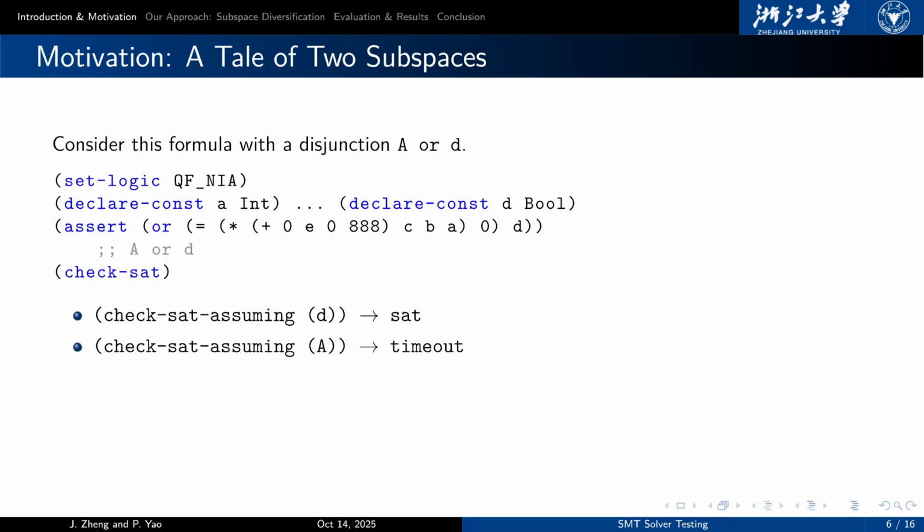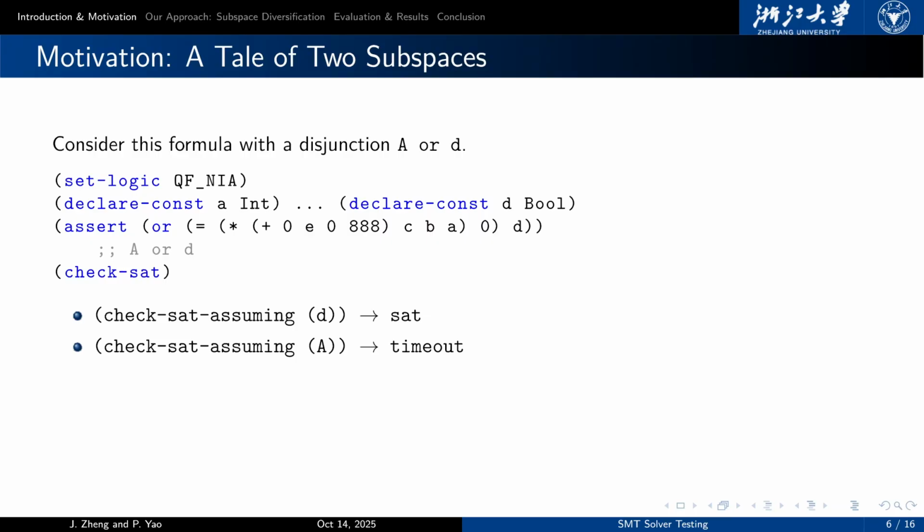Next, we explore the other subspace. Here, the complex term A holds. The solver suddenly times out. The two subspaces, S_A and S_D, are logically distinct, but they trigger very different solver behaviors. This exposed a performance bug in the solver's branching logic.